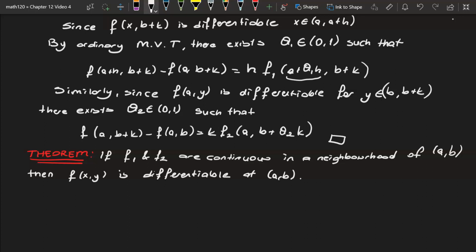In other words, z is equal to f of xy has a non-vertical tangent plane at AB. Okay, let us prove this together.